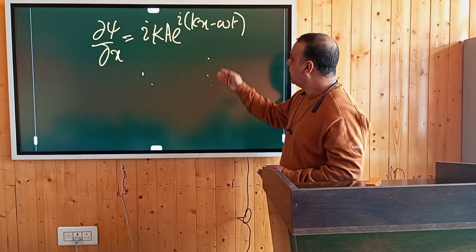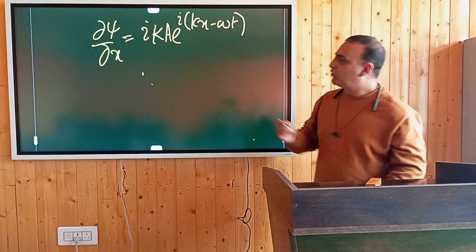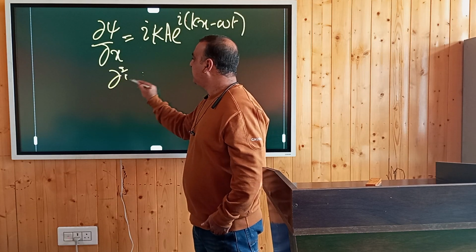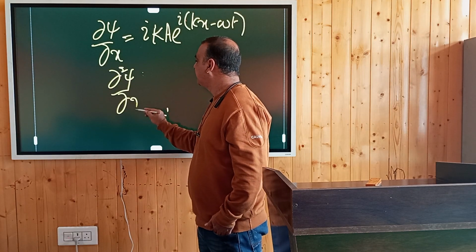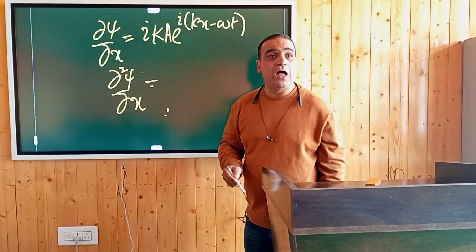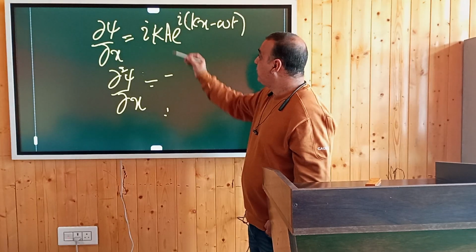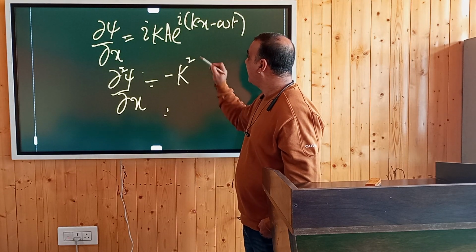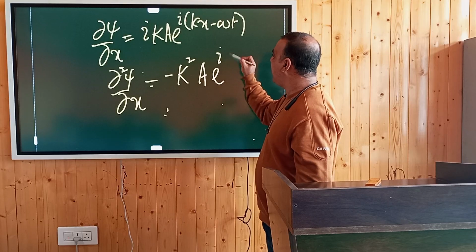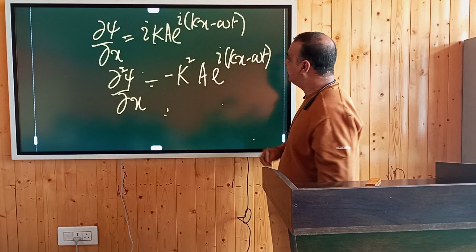Okay. Now I would like to differentiate this equation again. So if I differentiate it again, what will I get? I'll get the double derivative of psi with respect to x. You will have another iota, that will give you iota square. Iota square will give you minus, and you will have k square and A e to the power of i(kx minus omega t).